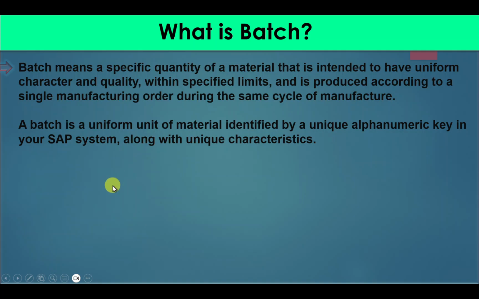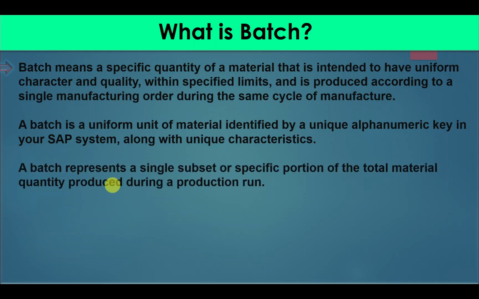Also, a batch is a uniform unit of a material identified by a unique alphanumeric key. That is related to SAP, how we maintain a batch in SAP along with some alphanumeric mix of values to define a batch. Then a batch represents a single subset of a specific proportion of the total material quantity produced during a production run.